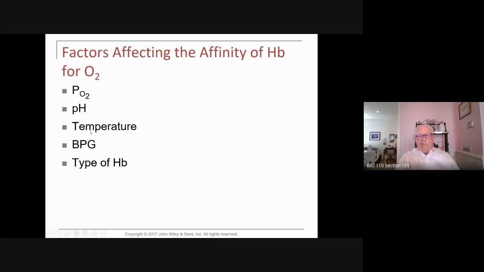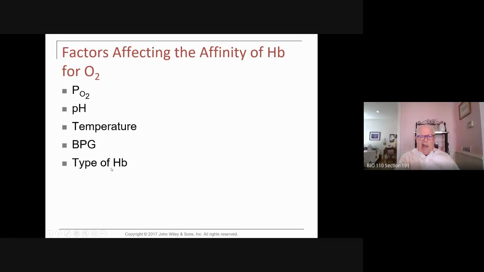What if your temperature is 104? Your tissues need oxygen. And if your temperature is 104, hemoglobin will get rid of oxygen and put it into your tissues. BPG is a thing I don't really care if you know about.